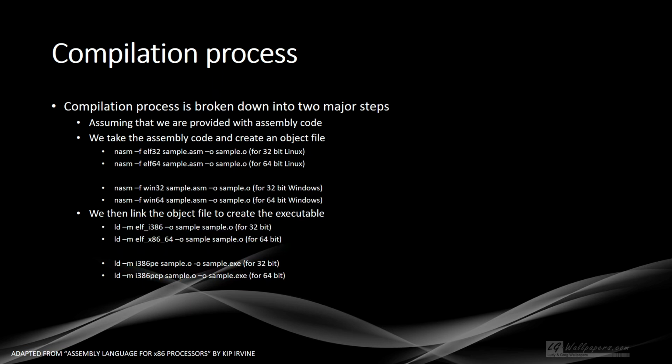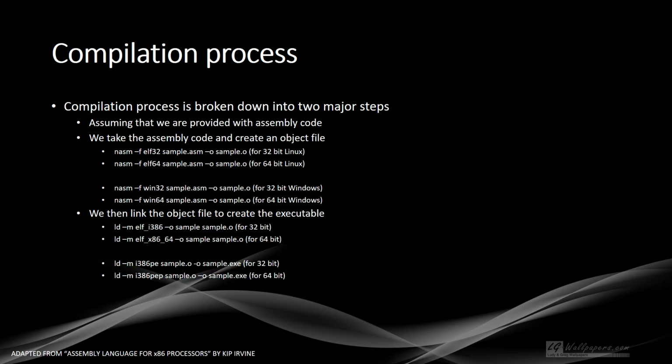When we say we want to convert the assembly code into an object file, for example, if you are using NASM, these are the commands that I've written here for Linux and Windows. So let's say you are on 32-bit Linux. You will have the ASM file, the assembly language file. You will say NASM, and then describe the architecture.